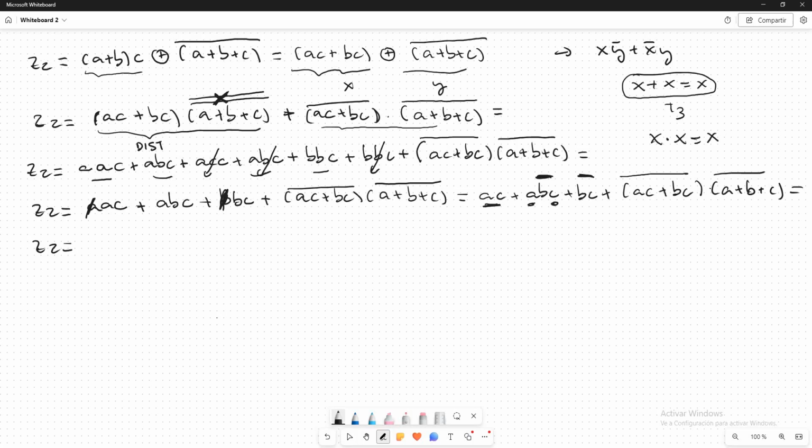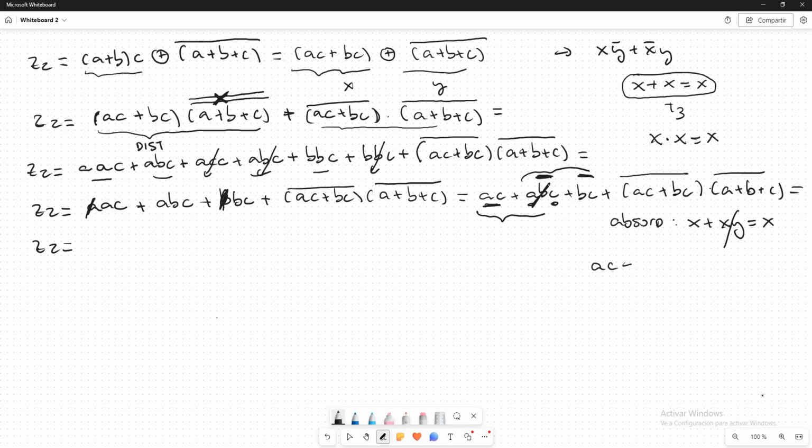So using either this or these two terms, we can use the absorption law, the absorption theorem, that is the following. So we can get rid of this term. You can see it.